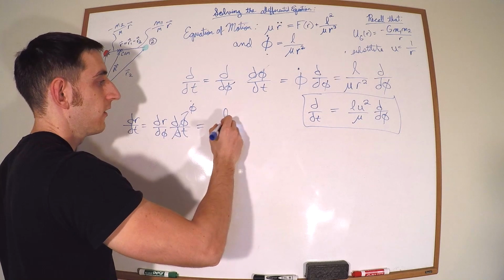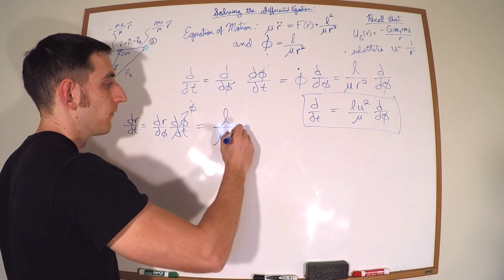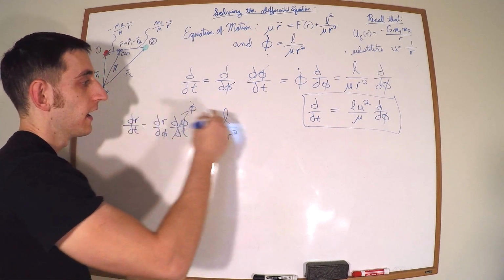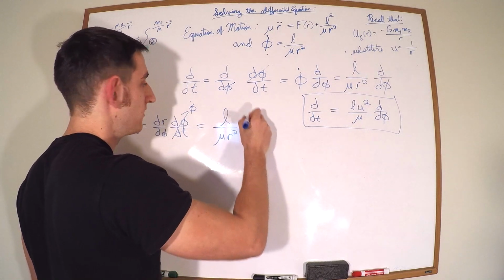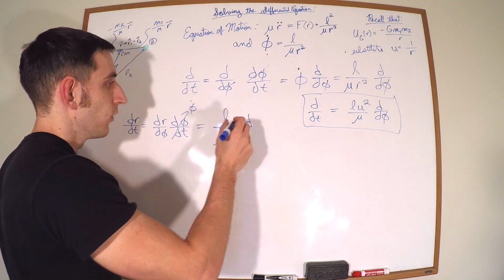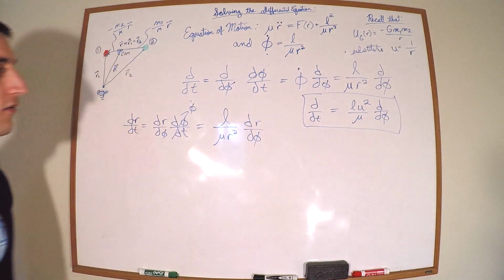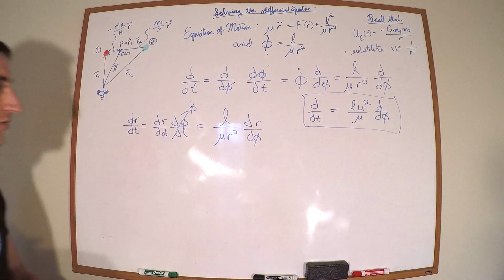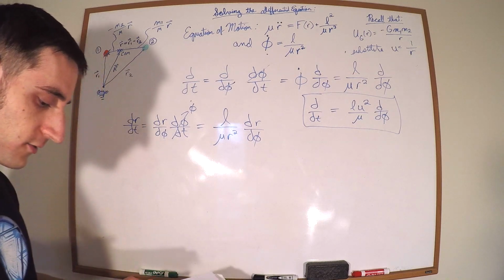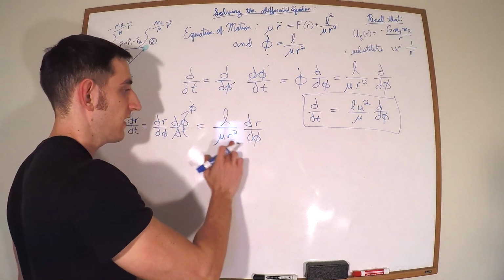This is L over mu R squared, and then we have d phi, which becomes dr d phi.